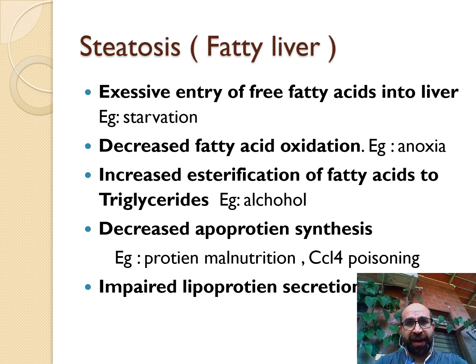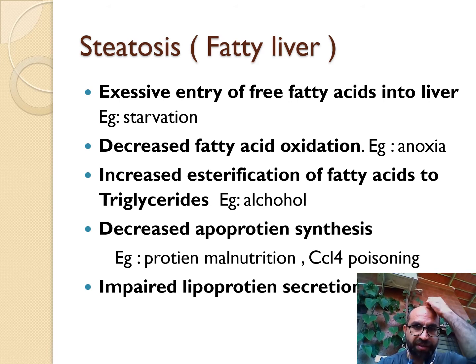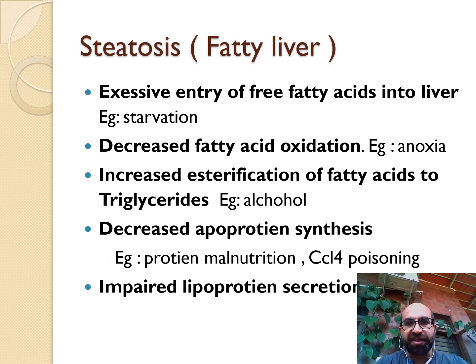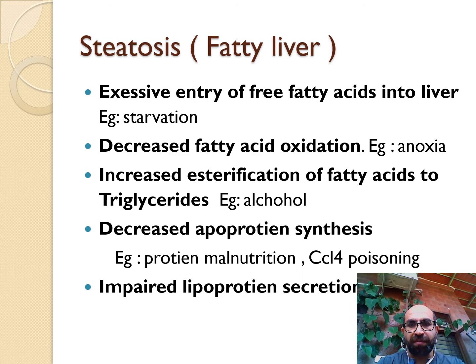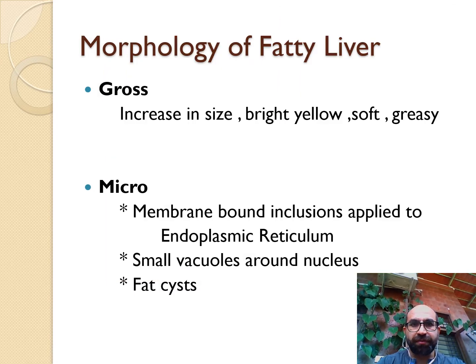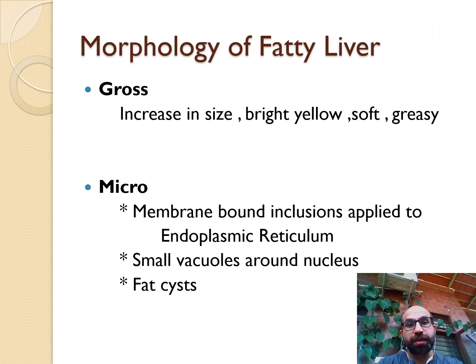There will be excessive entry of free fatty acids into the liver, seen in starvation, or decreased fatty acid oxidation, seen in anoxia, increased esterification of fatty acids to triglycerides, seen in alcohol, or decreased apoprotein synthesis, seen in protein malnutrition and carbon tetrachloride poisoning. Sometimes there are impaired lipoprotein secretions. There may be stones blocking the secretion of bile into the second part of the duodenum.